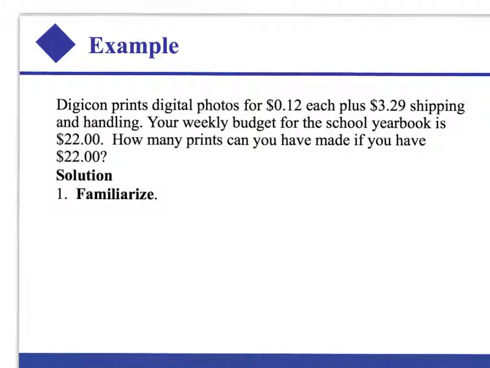So let's think about it. We don't know, because we're looking for how many prints we can make, how many pictures we can have printed. So let's say if we have 0.12 times each picture, right? Then we have to add $3.29 in shipping.